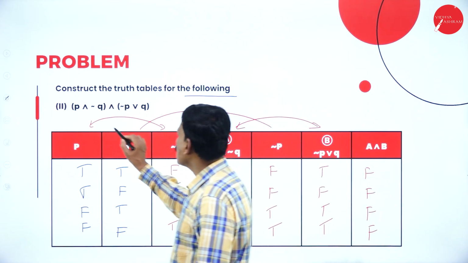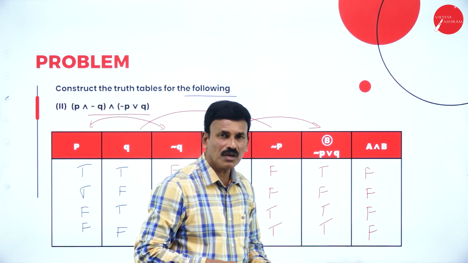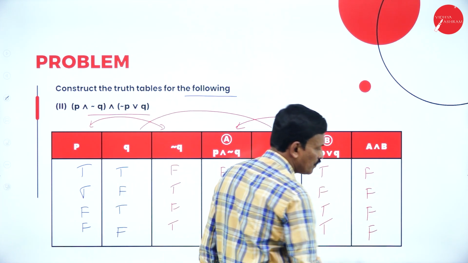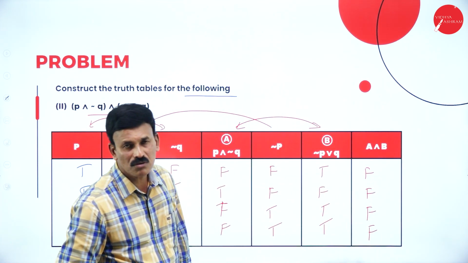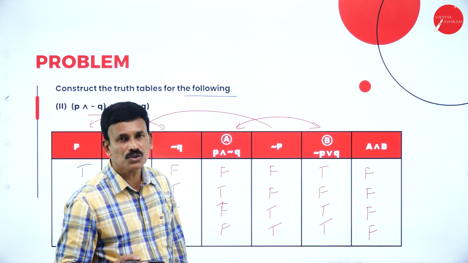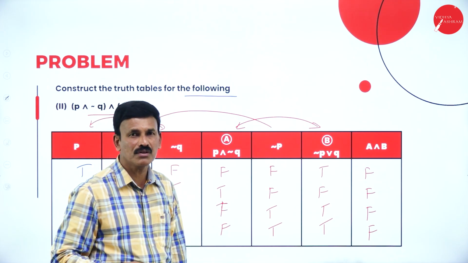So this is a false statement. If all the truth values in the last column are F, then the given statement is called a contradiction. If all are true, then it is called a tautology. That we will discuss in the next class. So this is an example for a contradiction.